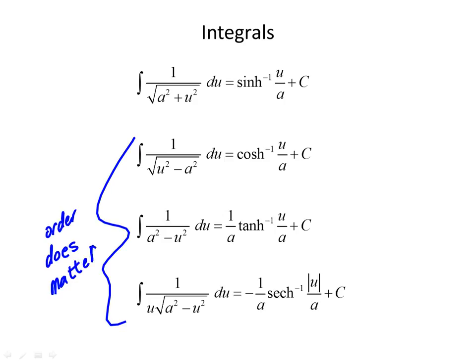Now, having said that, with this one, if I need to change it up, I can take the negative out and do 1 over u squared minus a squared. But the order does matter. If you change that denominator up for your hyperbolic tangent, then you have to take the negative out and then do 1 over u squared minus a squared. So that is possible. But the other two cannot be changed up.